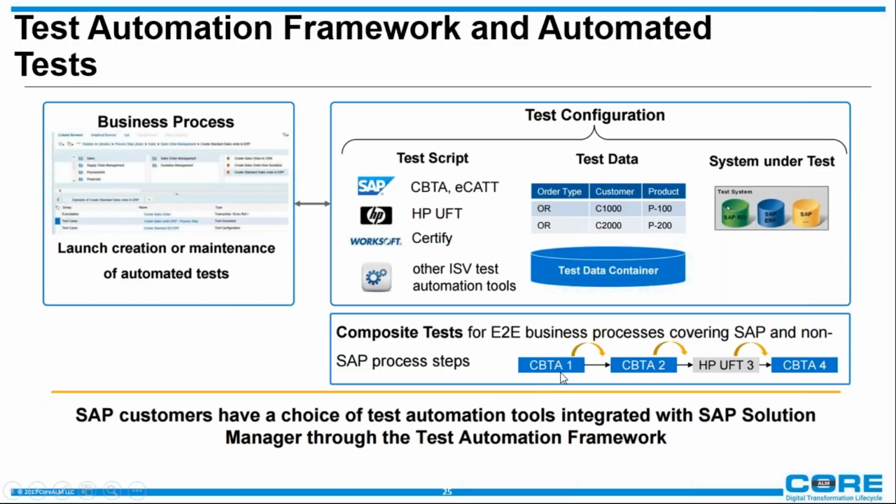So you can see here one CBTA test configuration, then a second, a UFT configuration, and then another CBTA. This would be non-SAP functionality within an end-to-end scenario, as opposed to a totally non-SAP test.